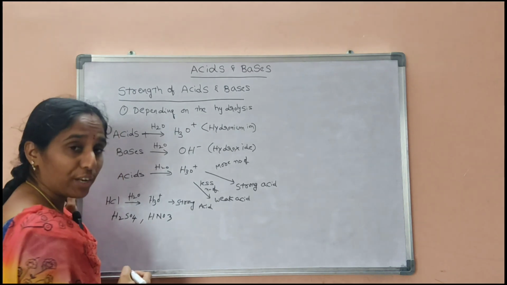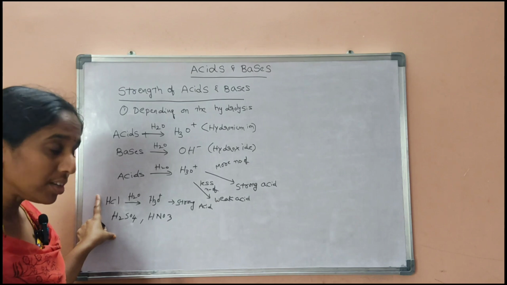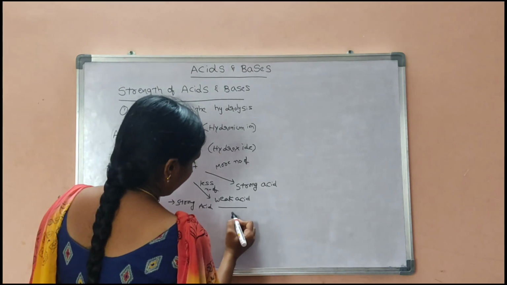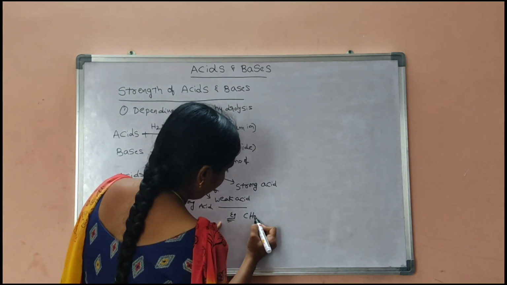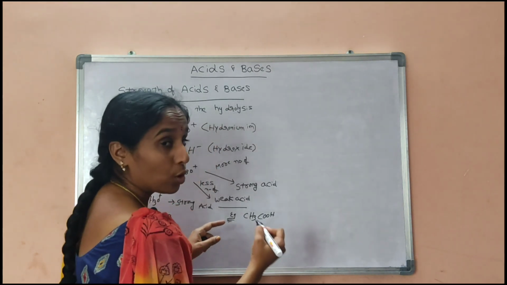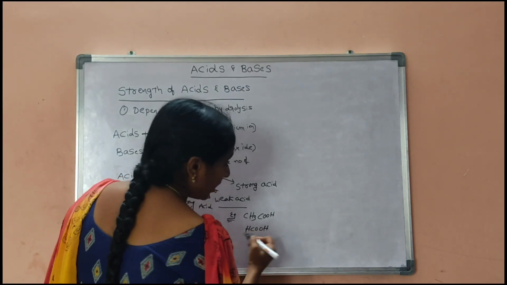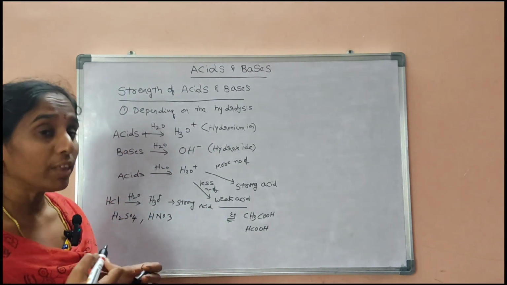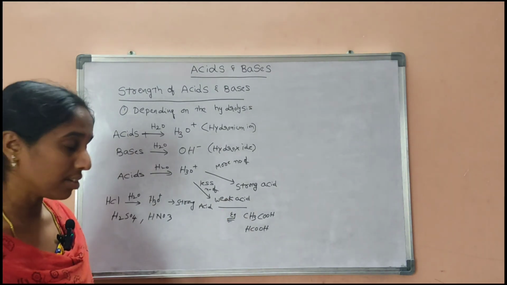HNO3 means nitric acid. These are all strong acids. Next, weak acids. Examples: CH3COOH means acetic acid or ethanoic acid. HCOOH means formic acid or methanoic acid. These two are examples of weak acids.